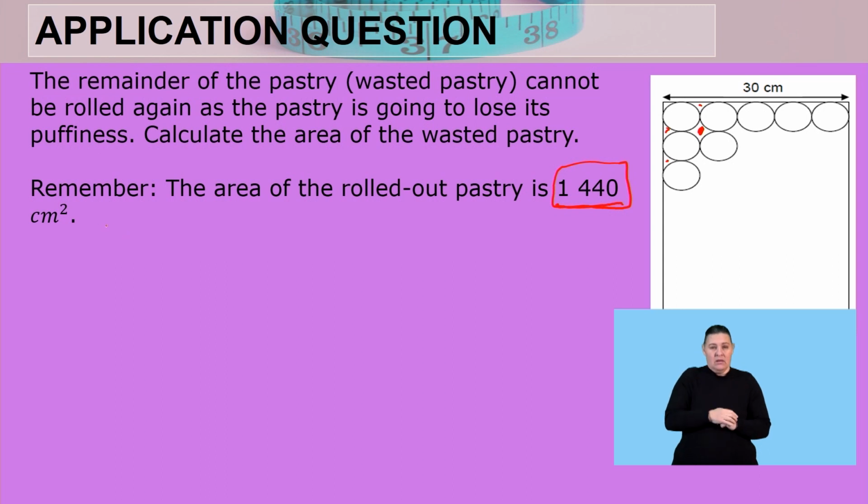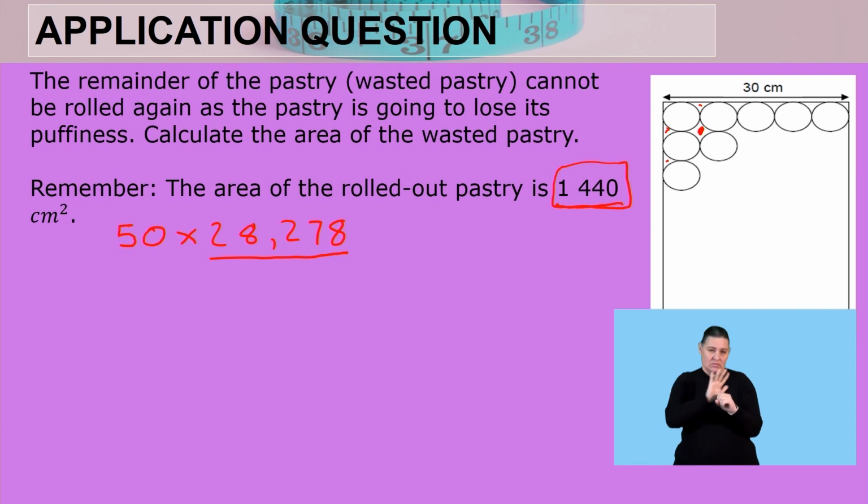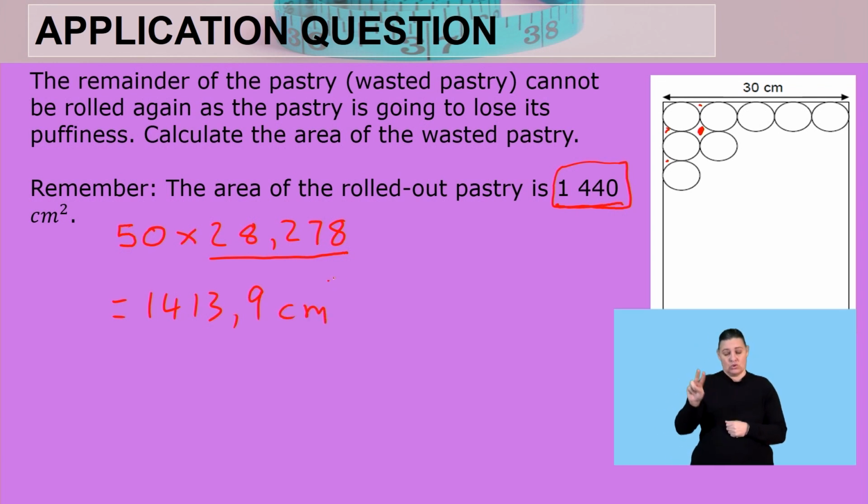So to start off with, the area of all the circles would be 50 circles multiplied by 28.278. If you remember this 28.278, it's the answer from the previous question where we worked out the area of one circle. And I get 1,413.9 centimeters squared.